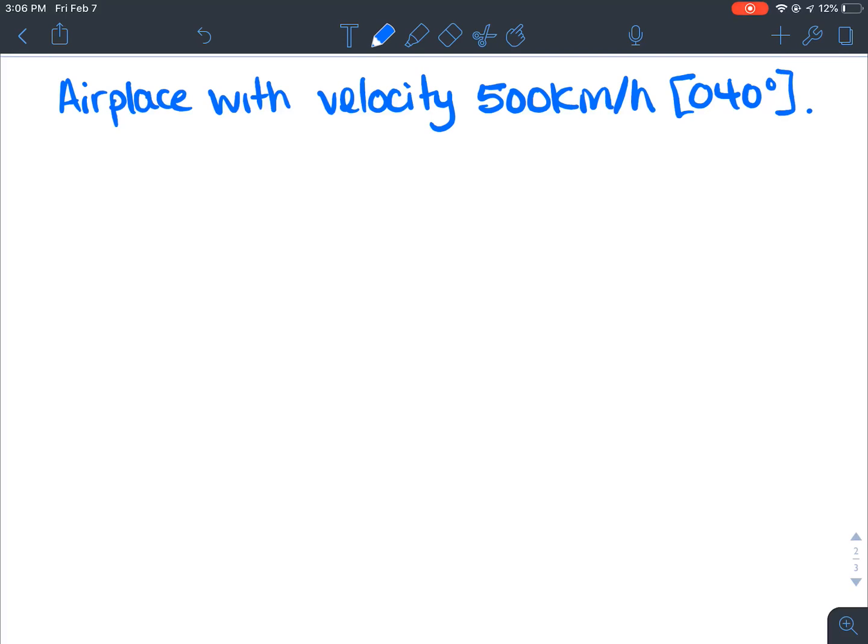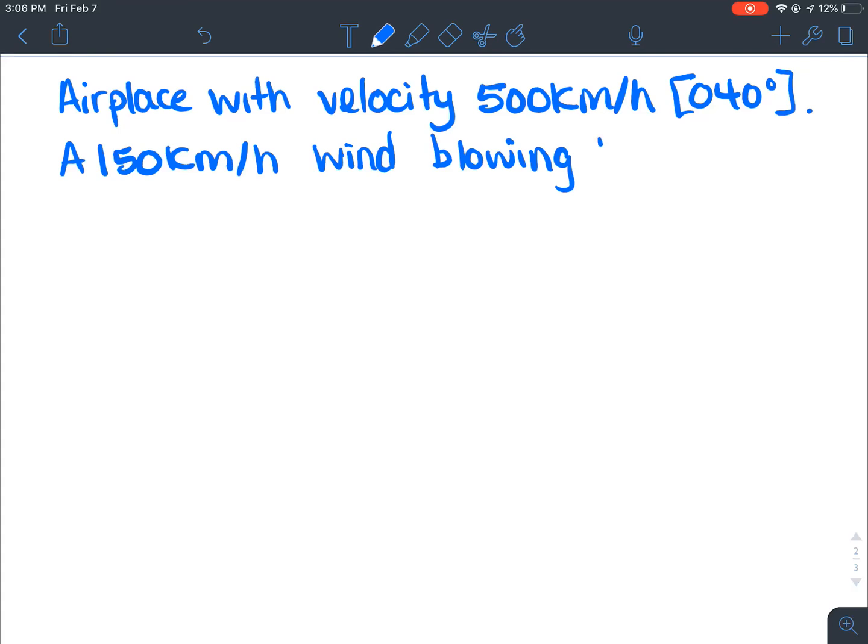And then there's a 150 kilometer per hour wind blowing, I'm going to make this tricky, from 120 degrees. That's going to be confusing.